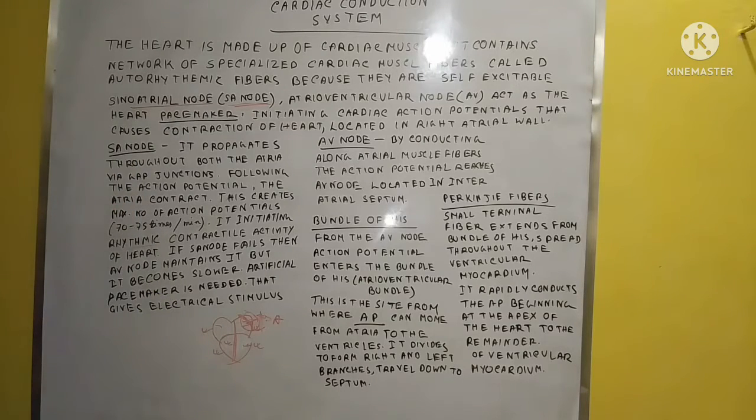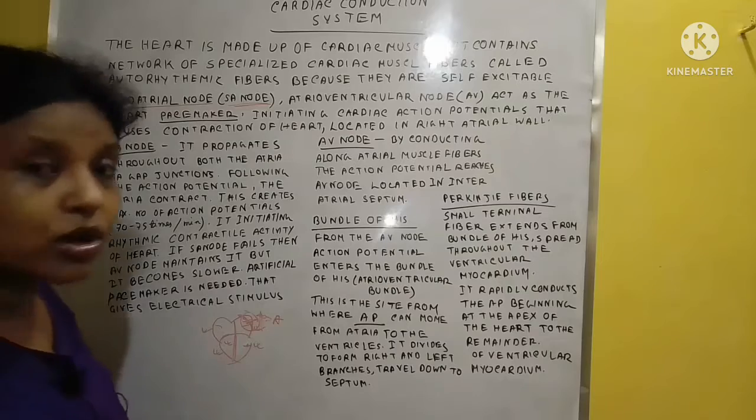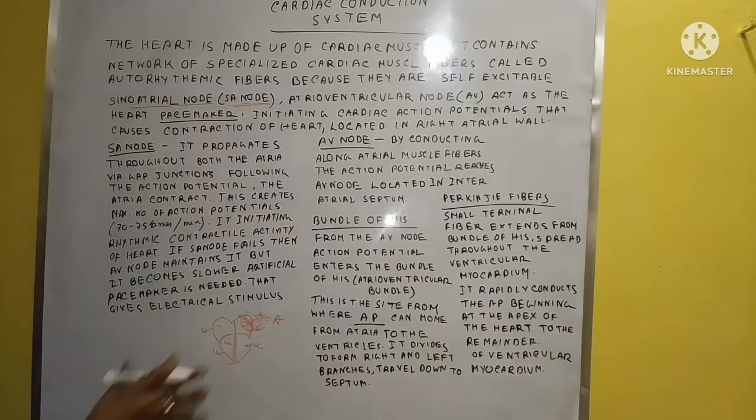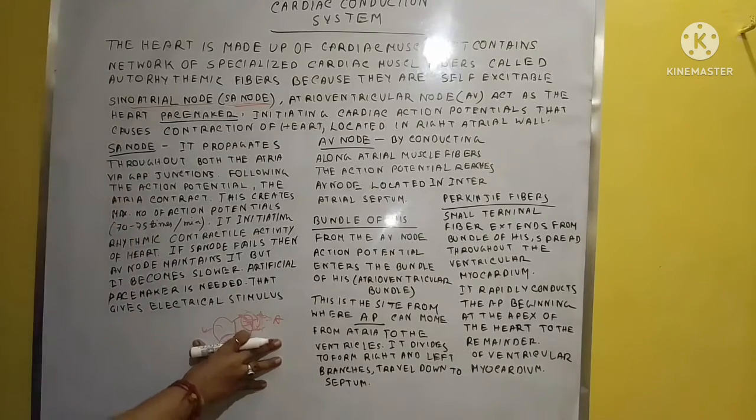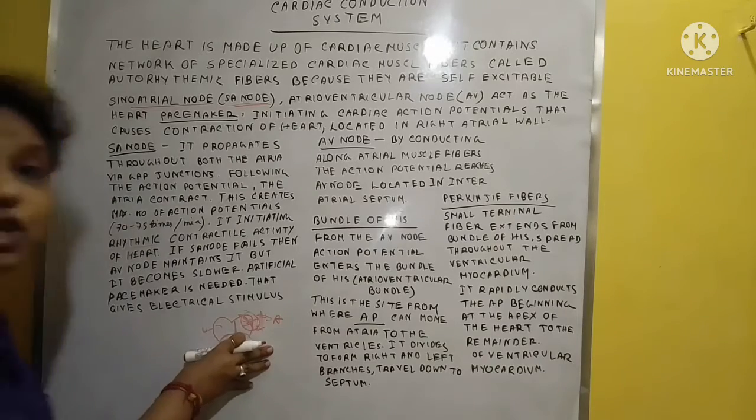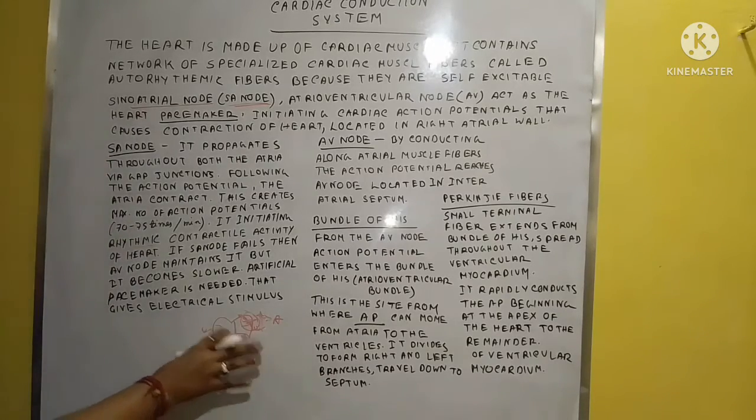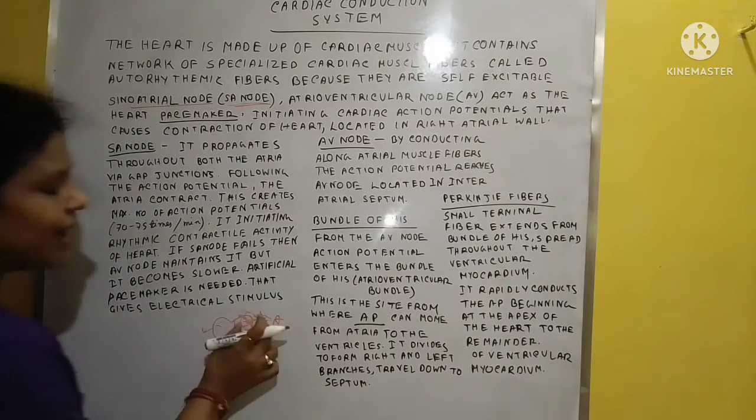Because there are other important fibers that also control this rhythmicity, but the heart rate becomes slower, not faster, because the maximum impulses, 70 to 75 times per minute, are produced by the AV node.